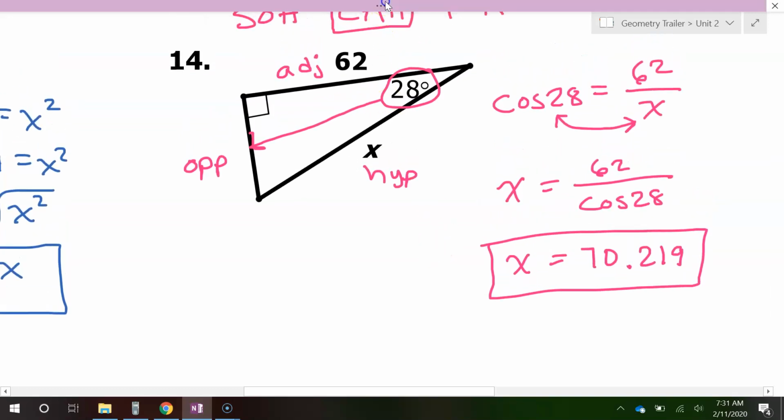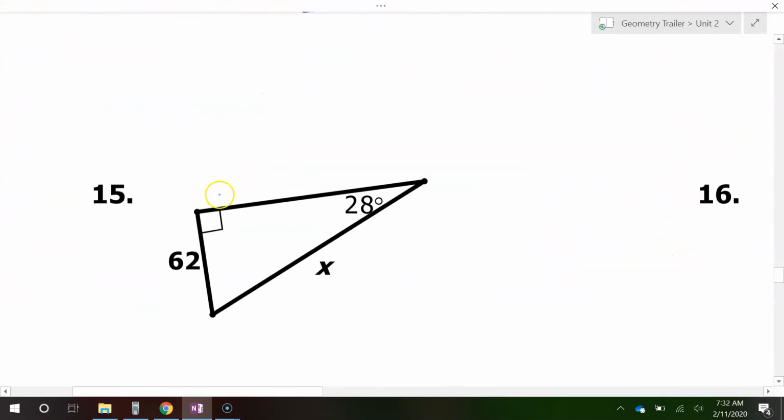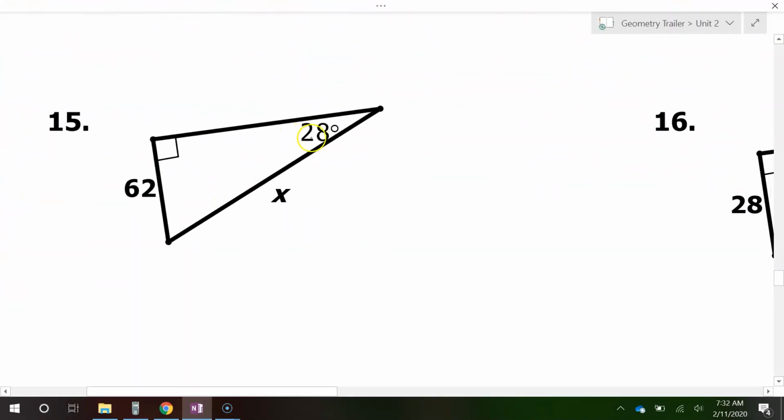Okay, so that was number 14. All right, I see the 28 degrees. This is going to be another SOHCAHTOA problem. Where's the hypotenuse? It's across from the 90-degree angle, so this will be the hypotenuse.